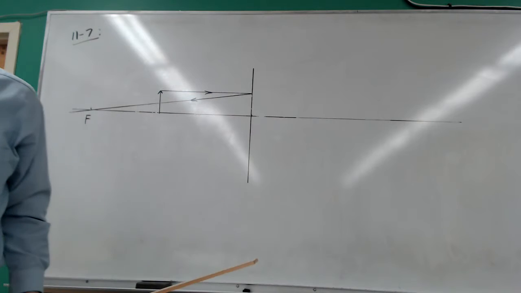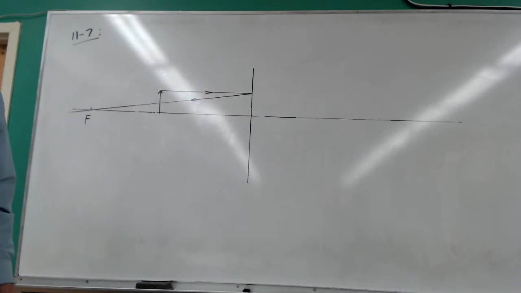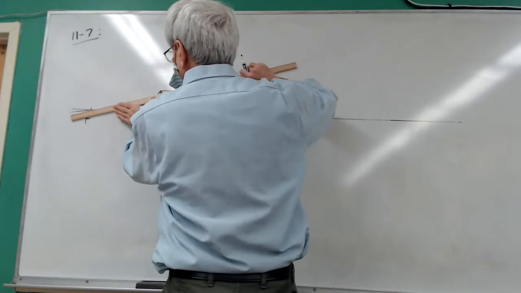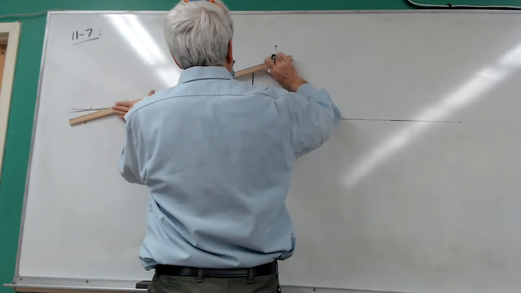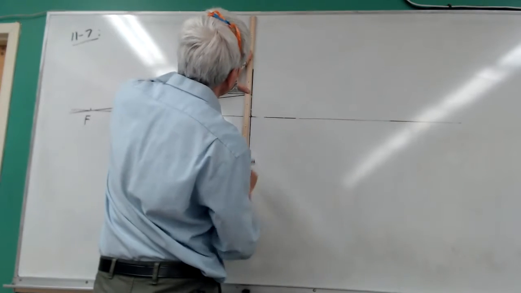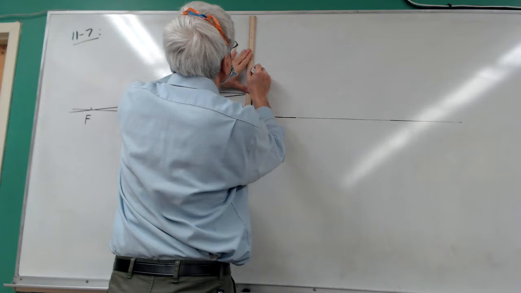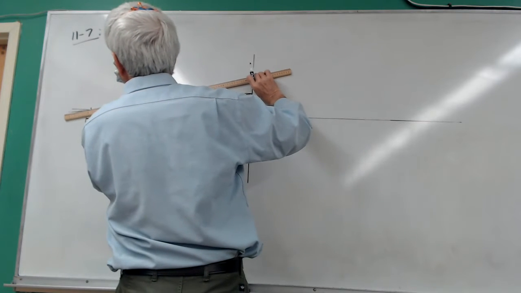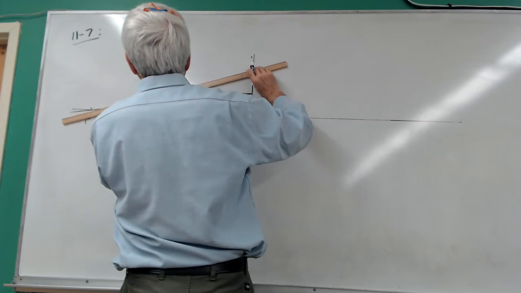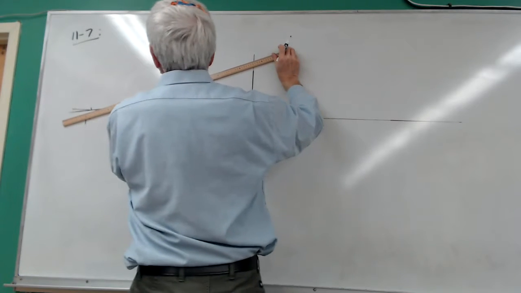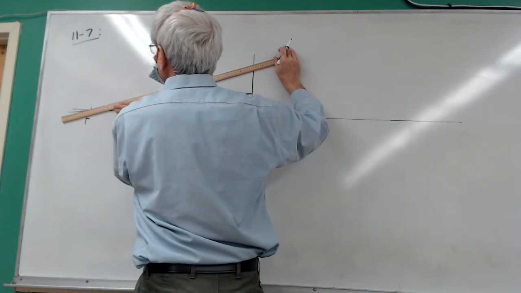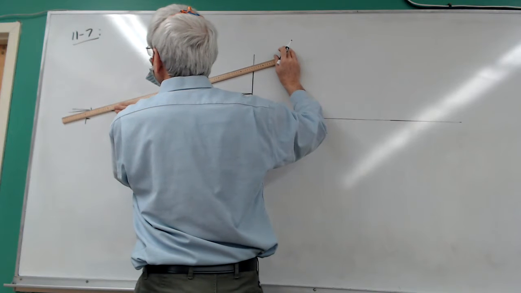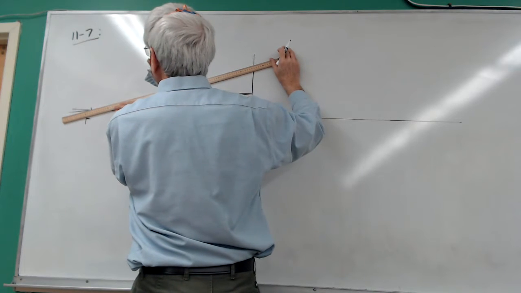And then the other one I'm going to do is the one that comes from the direction of the focal point, like this. I guess I should have made my mirror a little taller. So you line up the ruler with the tip of the object and also with the focal point, which would be sort of like that.